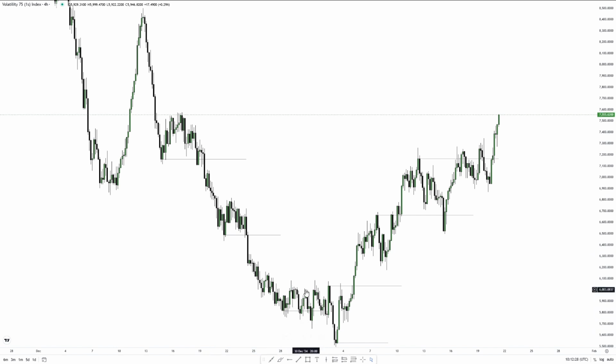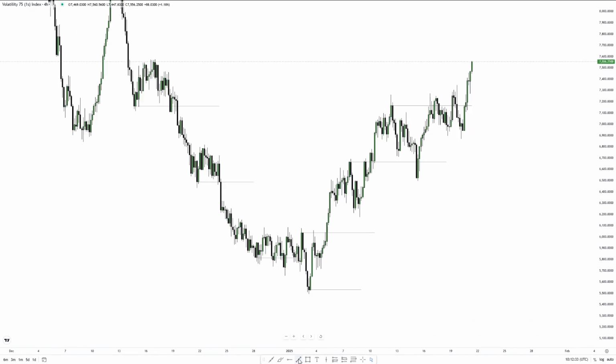As long as this structure, as long as this market keeps breaking lows like it does right here, when it broke this low right here, I built hopes that it was still going down.